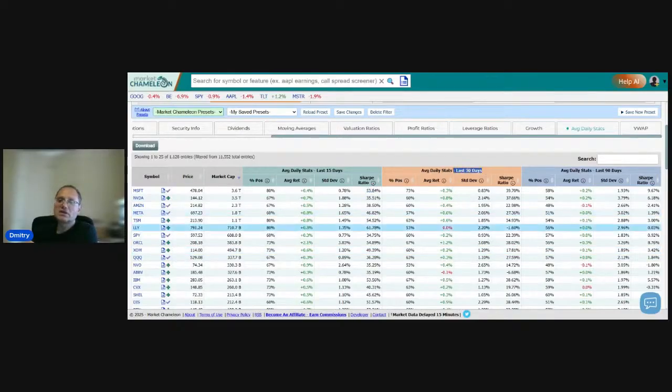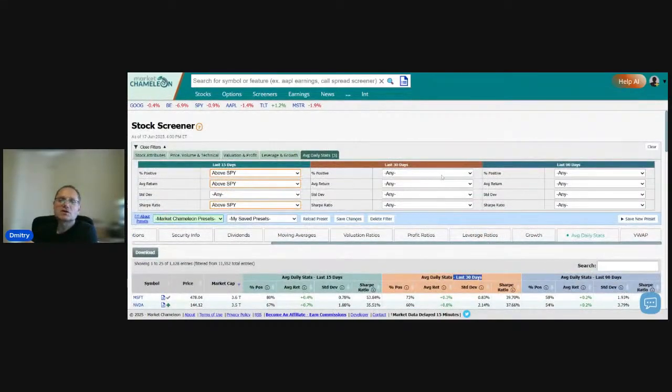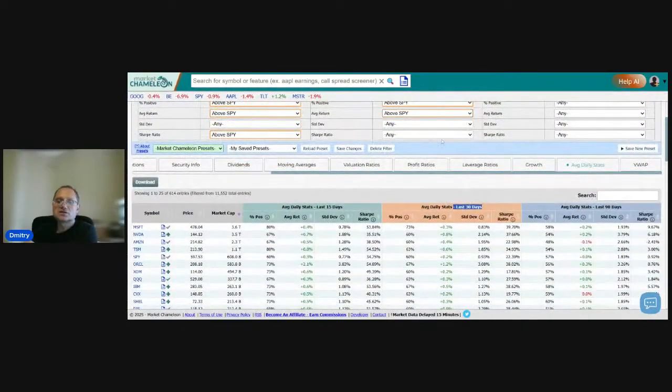what about an intermediate? We could do the same thing. Look for the last 30 days, average returns, maybe Sharpe, and see. Now we narrowed it down to 535 and so forth.